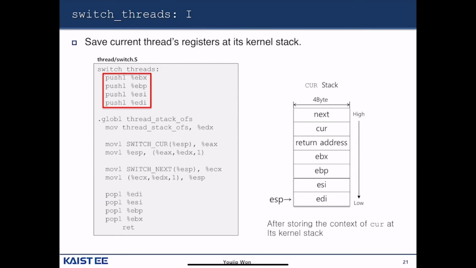To push the 4 registers, the switch thread function executes 4 push instructions, for EBX, EBP, ESI, and EDI. After executing these 4 instructions, it pushes the 4 registers of the currently running thread into the current kernel stack, and the stack pointer changes to point to the newly established stack top.